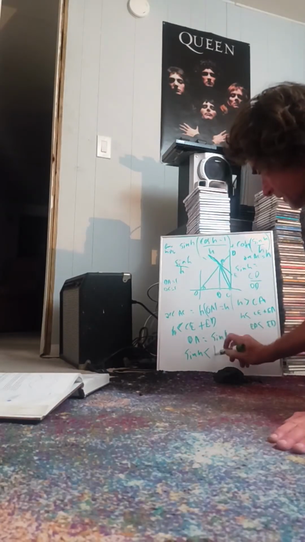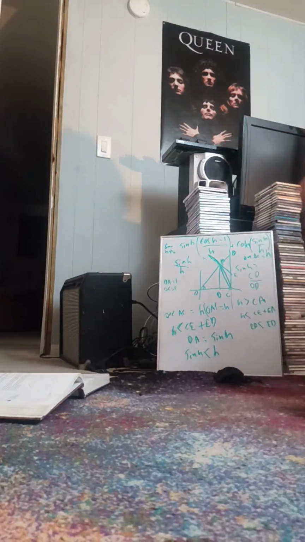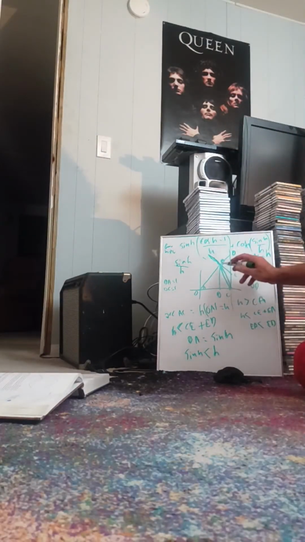So sine of H is less than H, because sine of H is BA, but BA is less than this arc of AC, which is H by radian measurement, because H times the radius is equal to the arc.